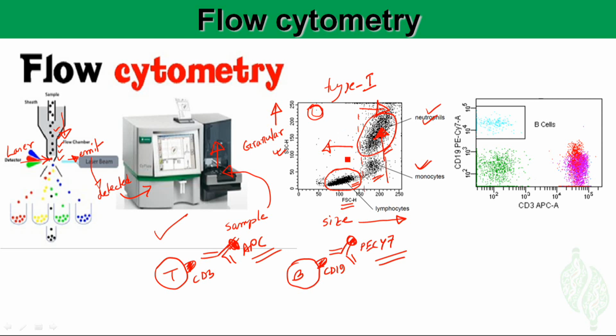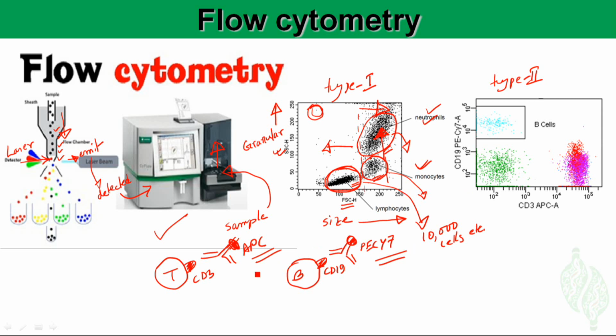So in the software of the machine, you can gate this lymphocyte population, and the machine will tell how many lymphocytes are there, and you can also gate the monocytes or neutrophils, and then the machine can tell you how many neutrophils, monocytes and lymphocytes are in the sample. And the second type of plot depends on the fluorochrome tagged.